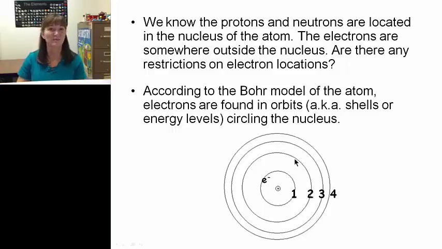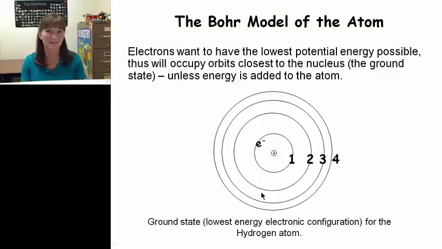This particular diagram is hydrogen, because hydrogen has 1 proton and 1 electron. So they would say the electron would be in this first orbit. However, we've discovered over the years that the Bohr model is not accurate. We use it often because it gives us a good picture, but it's actually a little more complicated than that.